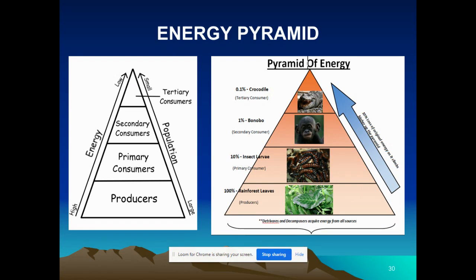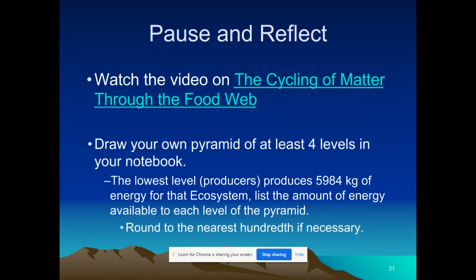And then you go to 1% with the little monkey that eats the insect larvae. And then the crocodile gets 0.1% because the crocodile might eat the poor little monkey. So there's a 10% transfer of your original energy as it climbs up. It's always 10%. You watch this video right here, it'll give you a little bit better explanation, and we're not going to draw that pyramid right here.